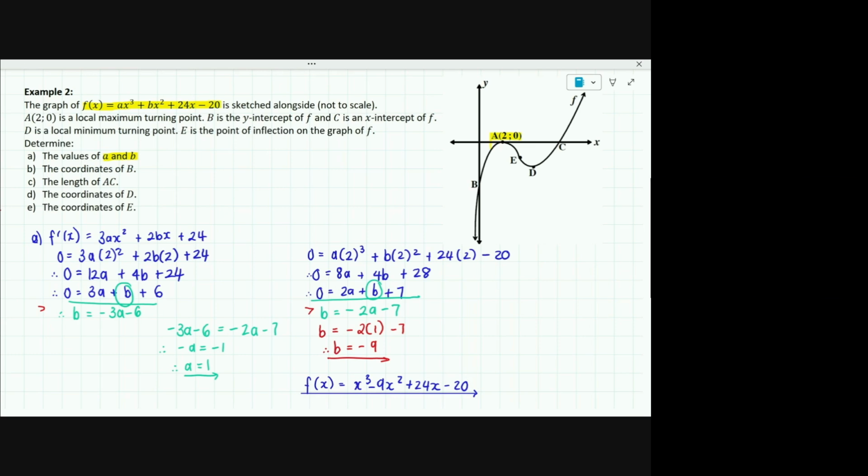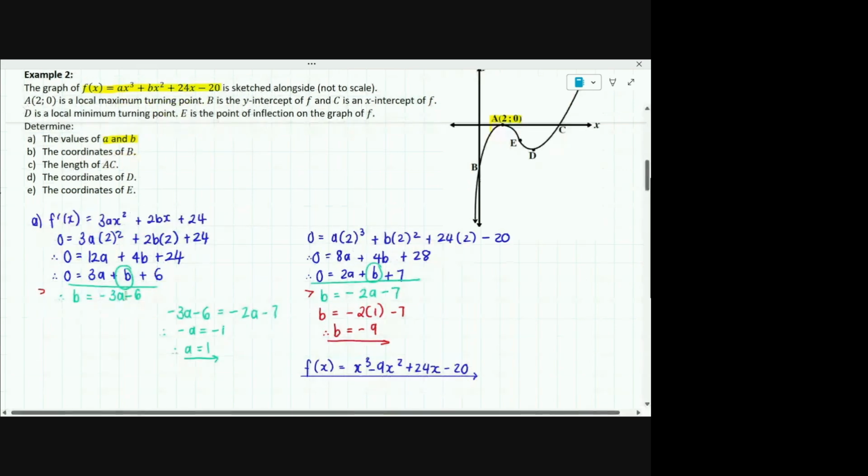Yes, how did you find the value of a? Okay, so are you with me in terms of finding the first derivative, getting this equation and substituting? Yes. Okay, cool. So once we've got those two, what I saw was that both of my equations had a b. Now you don't have to do it like this.